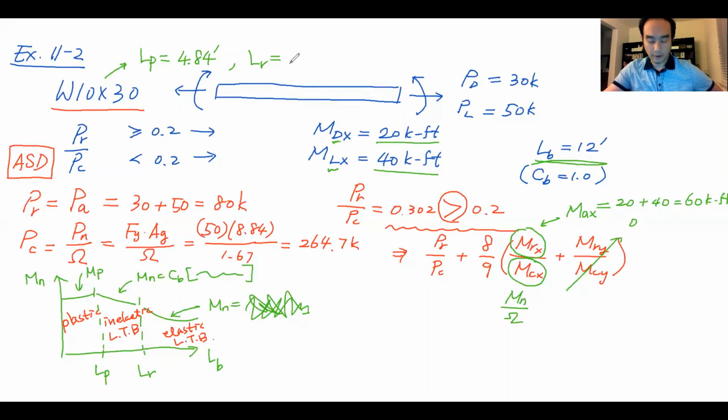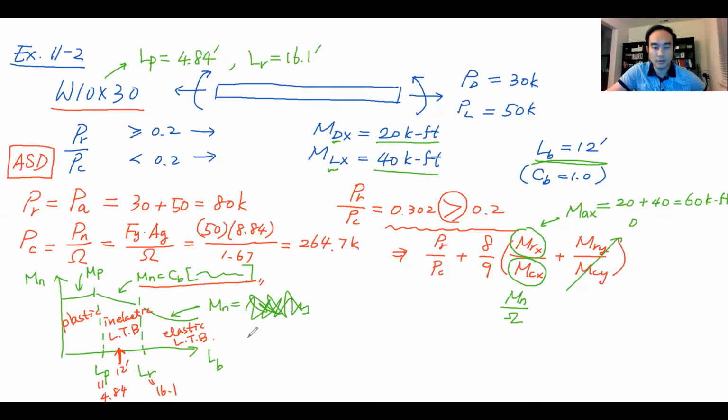L sub R value for the W10 by 30 section is 16.1 in feet. And our given L sub B, the unsupported length, is 12 feet, right? So this number is 4.84, this number is 16.1, and our L sub B is somewhere in between, 12, right? So we have to follow this equation.